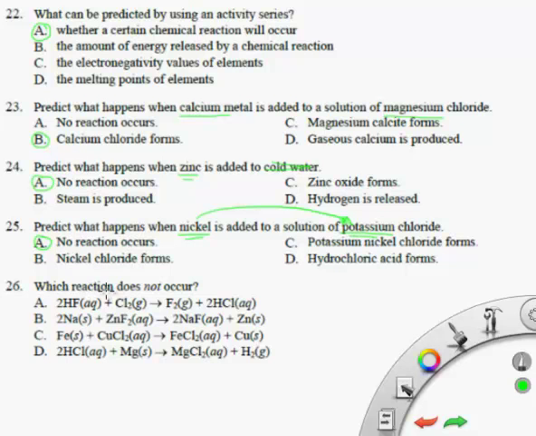Number 26, which reaction does not occur? We're going to pay attention to either the metal or the nonmetal. One of them is going to get replaced. All of these are single displacement reactions: compound, single element, compound, single element.